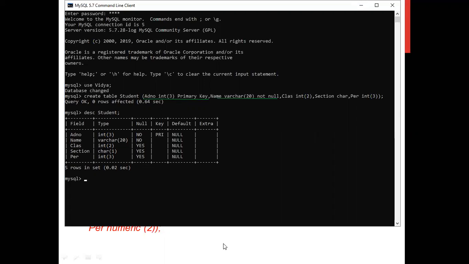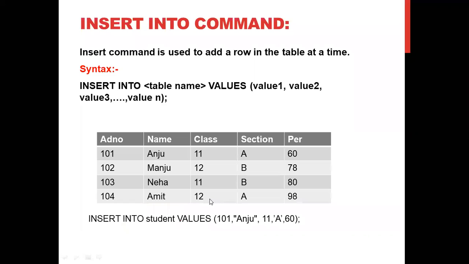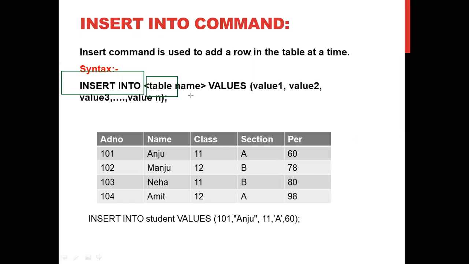Now this one is INSERT INTO. The table is created. Now we have to enter the data in the table, so we use the command INSERT INTO. The INSERT INTO command is used to insert data or rows in a table. One row will be entered at a time. The syntax: INSERT INTO, the name of the table, then again a keyword, VALUES.